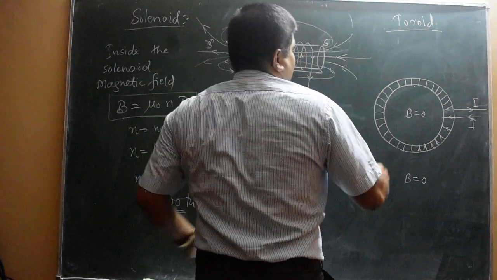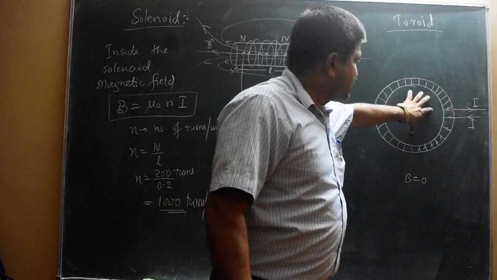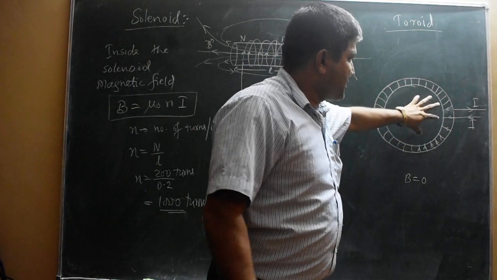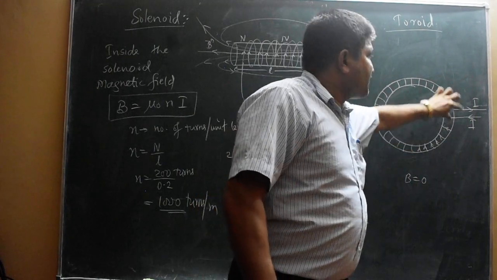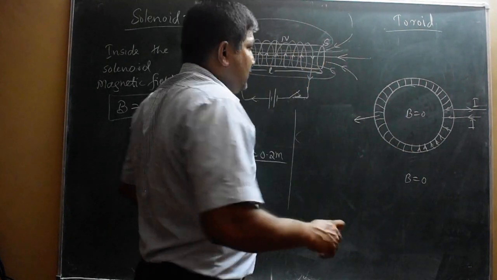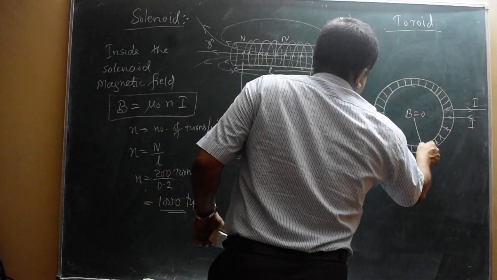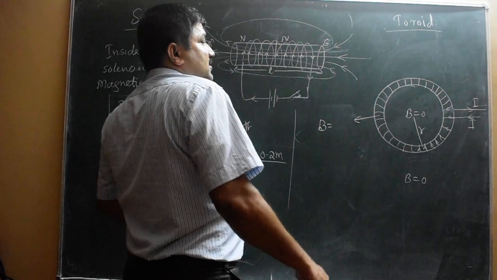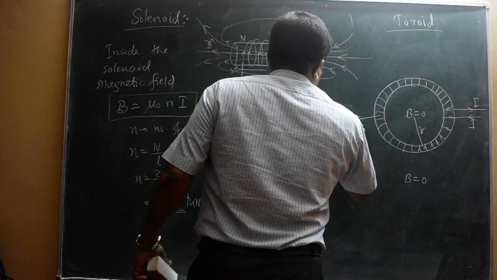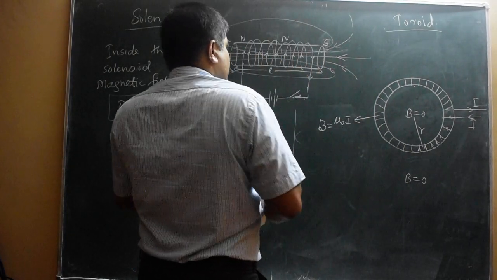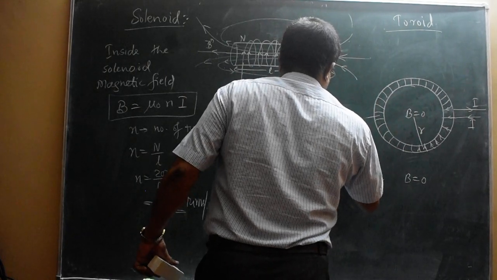Now, the magnetic field in this region, outside the toroid, is 0. In the hollow region here, the field is also 0. But inside the tubular region there will be a magnetic field, and if I take the average radius of the toroid as r, then it is mu naught N I divided by 2 pi r.